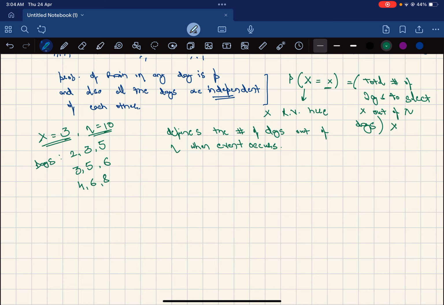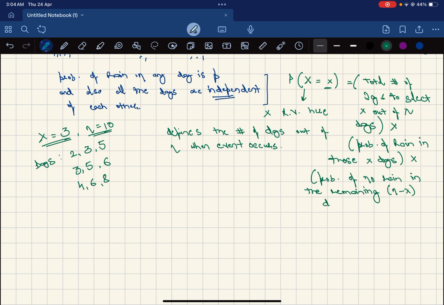Then we also need the probability of rain in those x days selected, and the probability of no rain in the remaining n minus x days.